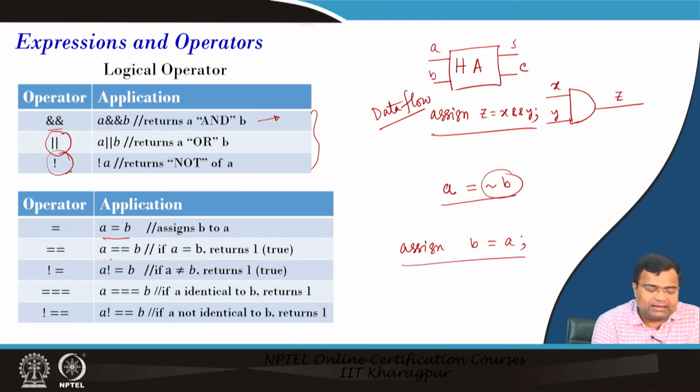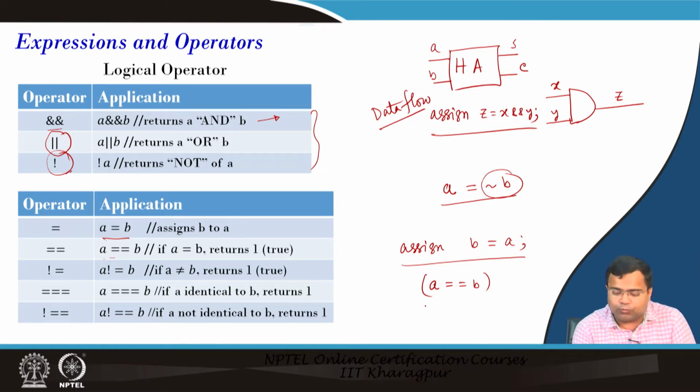If you write A double equal B, then if A equals B, the output will generate one high level signal. That means this will generate logic 1 if this is true, or if it is false, it will be 0.